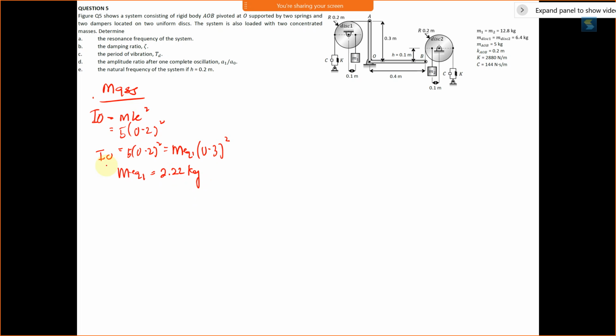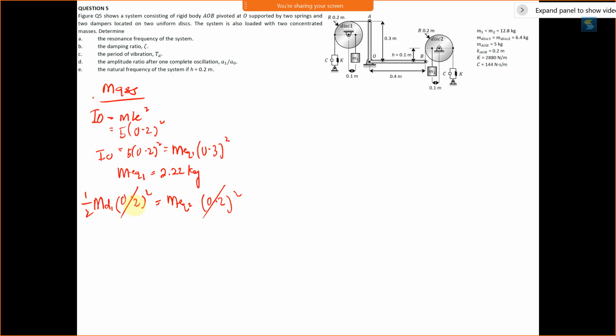So that is our M equivalent 1. Alright, then lepas tu kita ambil yang M this 1. So how to transfer M this? M this 1 times with 0.2 squared, 1 over 2, equals to M equivalent 2 times 0.2 squared.